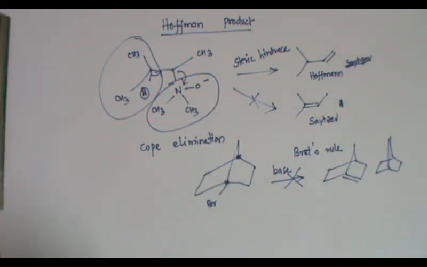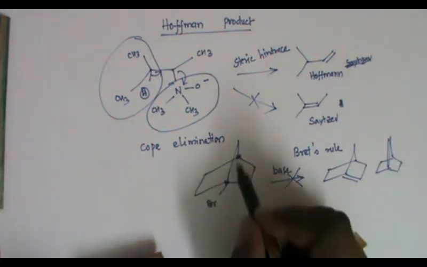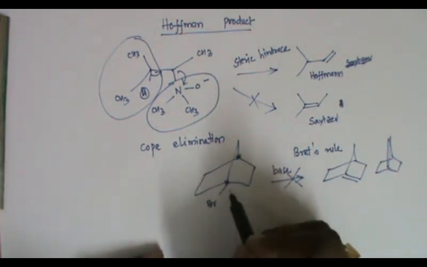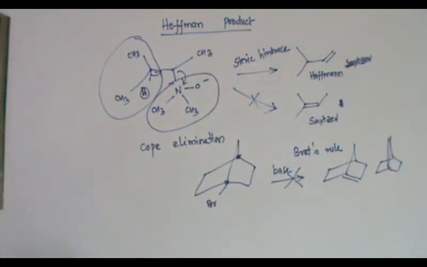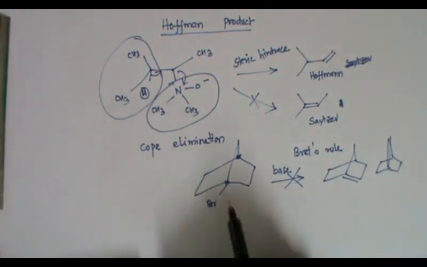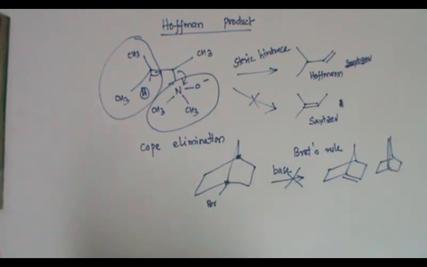If it is big, then it is possible. But in this particular case, since it is a bicyclic system, it is not possible to generate a double bond here. Also, you cannot generate a carbocation. Even though it is a tertiary bromide, it won't form a carbocation. The nucleophilic substitution will not go through a carbocation mechanism.